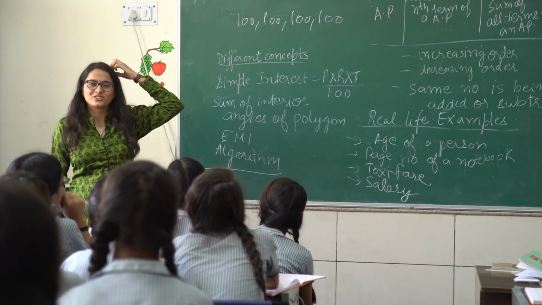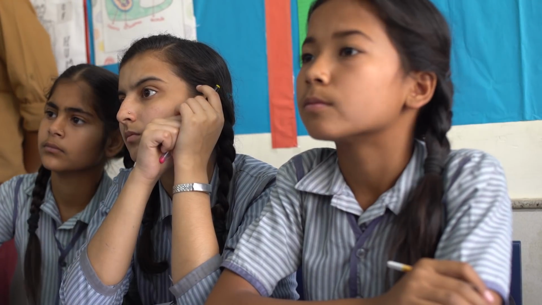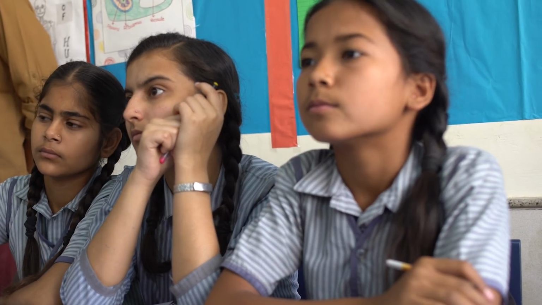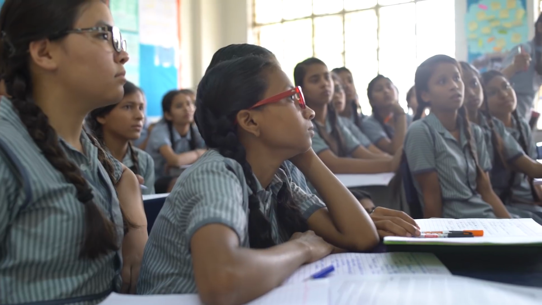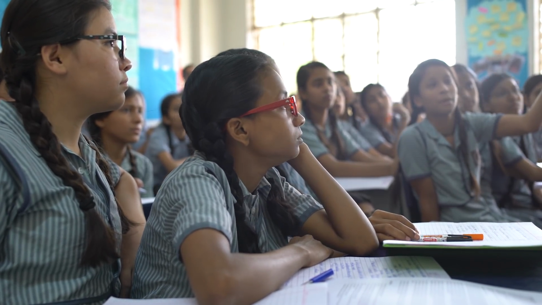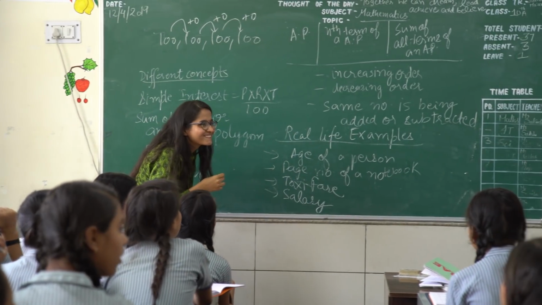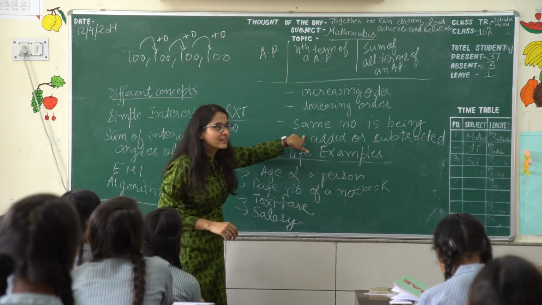What is being added? Yes, Dipakshi? If we add 0, we are adding the same number. Very good. Plus 0, plus 0, plus 0. We are adding 0. So the common difference is 0. So that is why it is an AP.